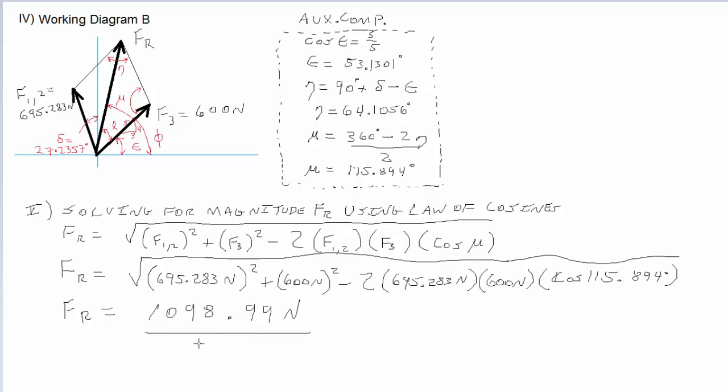Underline the intermediate answer. I do recommend, by the way, that as I'm doing these, you go ahead and calculate the results for yourself to make sure that you can get the same answer that I do. The last step in this process is step 6. And in step 6, we're going to be solving for the direction phi.